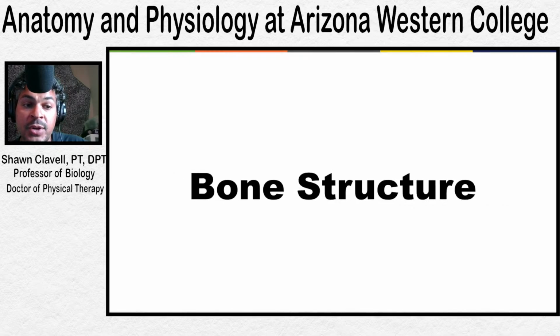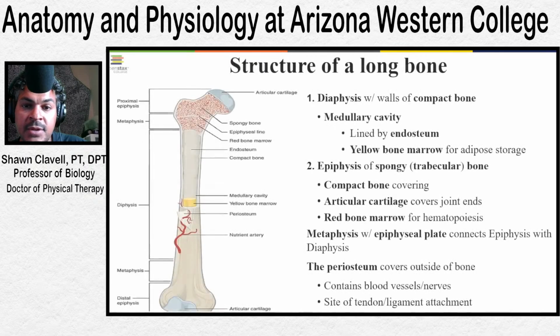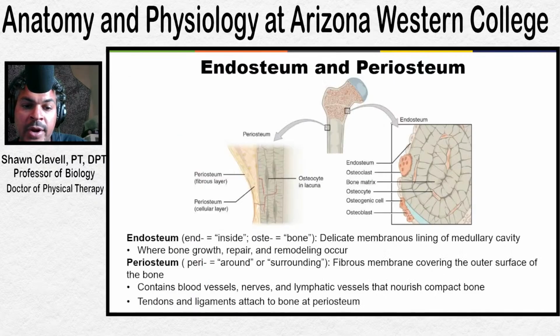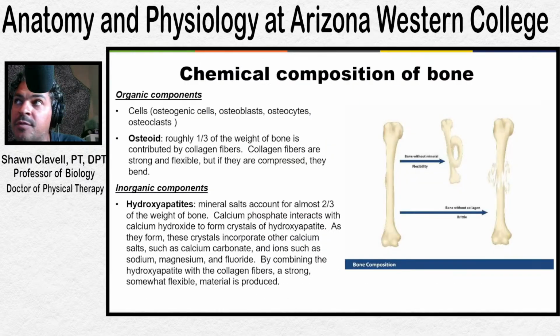The bone structure themselves, primarily the most complex one, is that of a long bone. So again, you might want to review the structures of a long bone. Where do the endosteum and periosteum lie? What is the chemical composition of bone? There are organic and inorganic components that lead to certain characteristics of the bone.